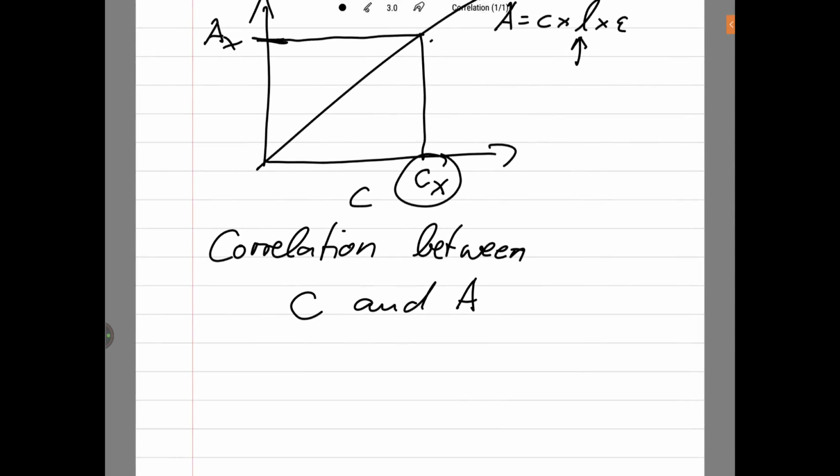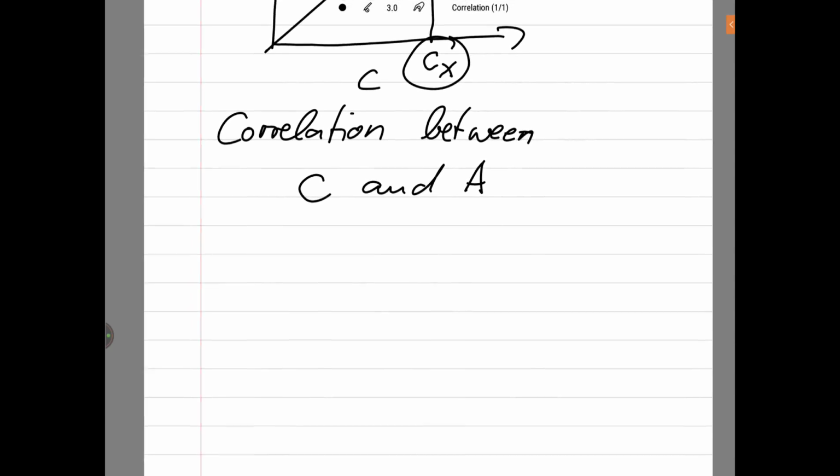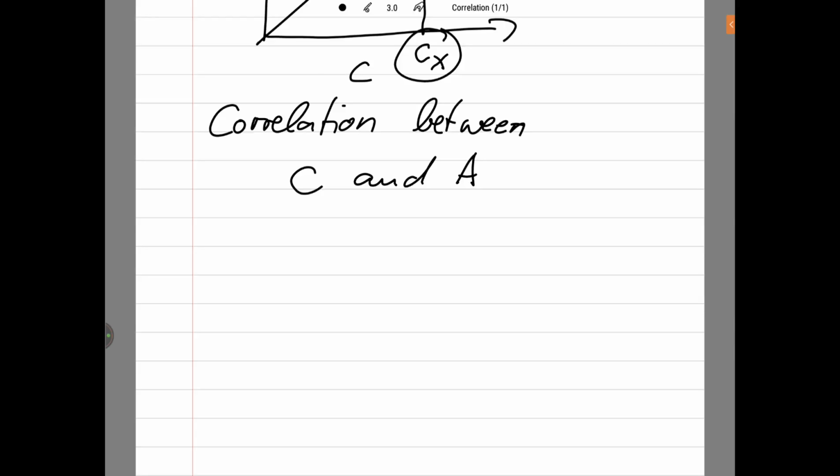In a correlation, with a standard graph or standard curve, we have some known concentrations. These are the things that I can prepare, and they are known as the independent variable. So I prepare different concentrations, C1, C2, C3, C4, C5.